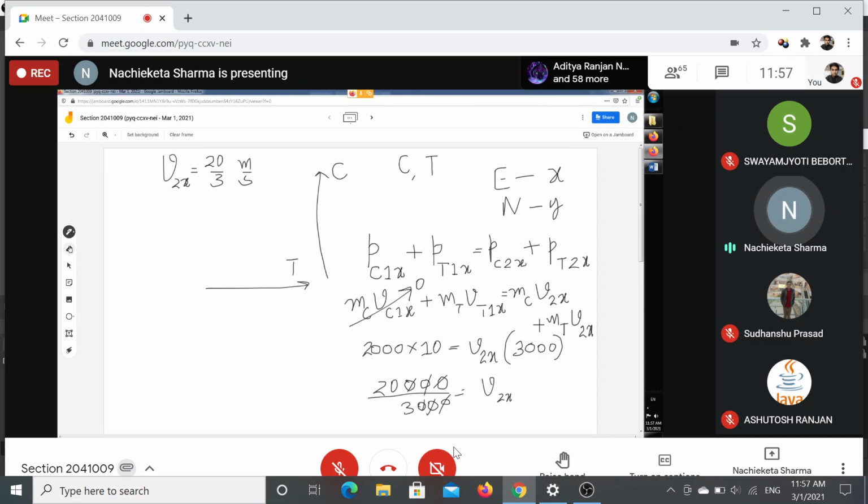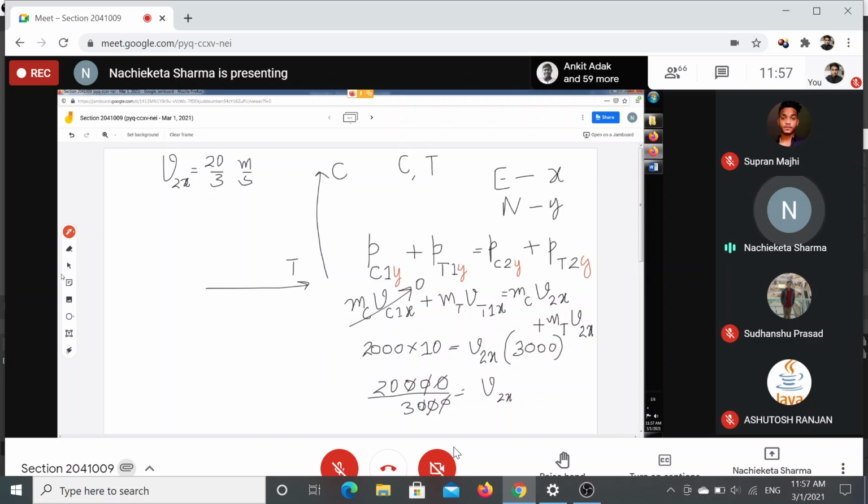Then I will apply my y component. So in place of x, I will write y. This all will be replaced by y. So I will get another conservation equation. I will write y here, y here, y here, and y here.